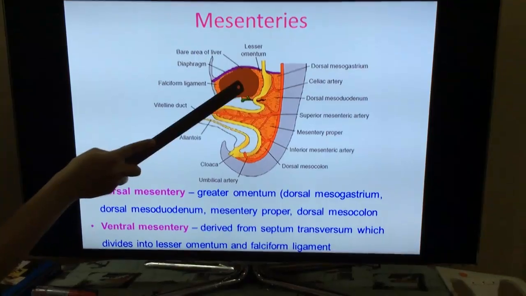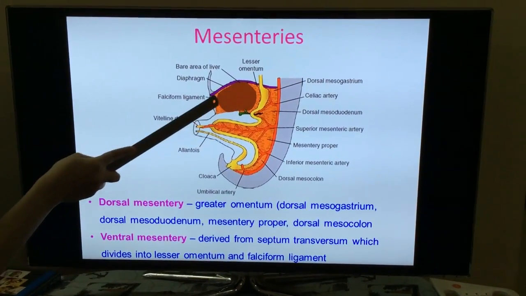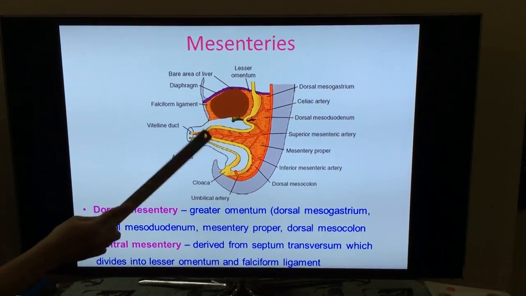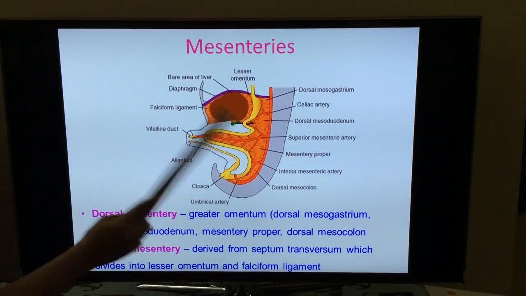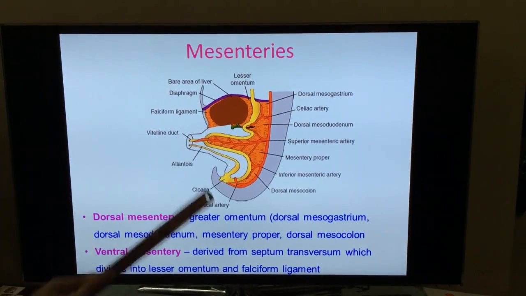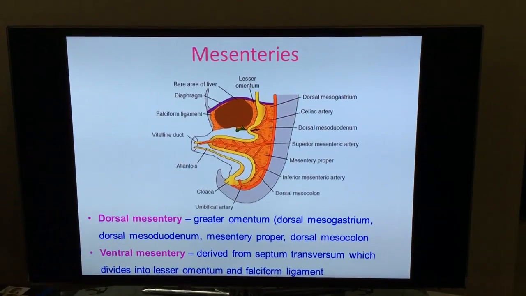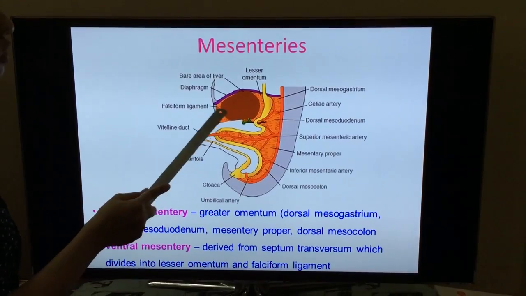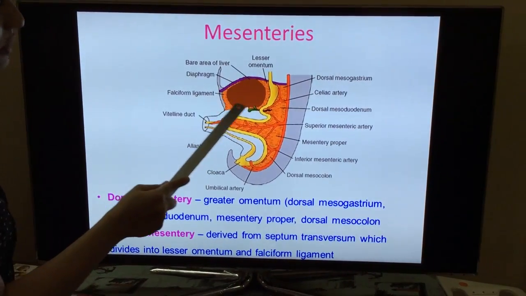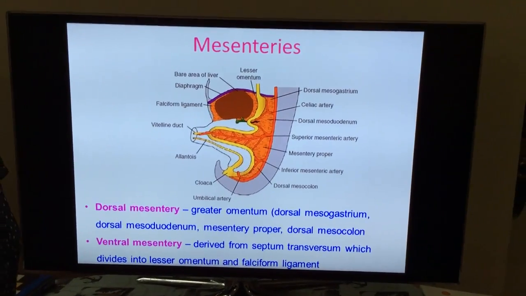The foregut tube is suspended both ventrally and dorsally, but the remaining midgut and hindgut are suspended only by the dorsal mesentery. So there is no ventral mesentery on the ventral aspect. There is only dorsal mesentery for the midgut and the hindgut. Why? Because the ventral mesentery, which suspends the foregut from the anterior aspect, is derived from the septum transversum.